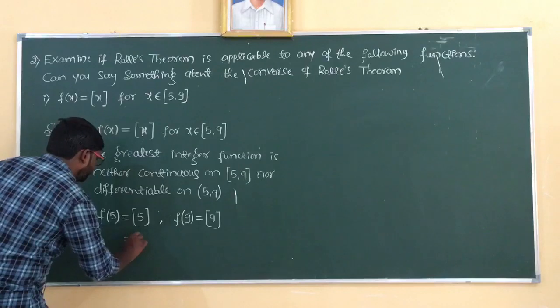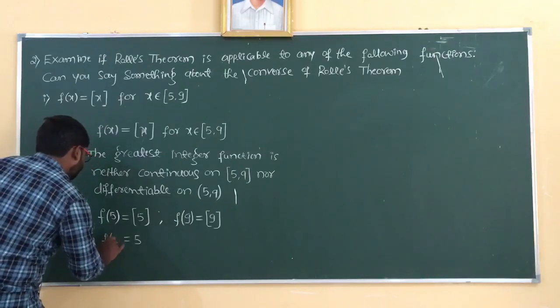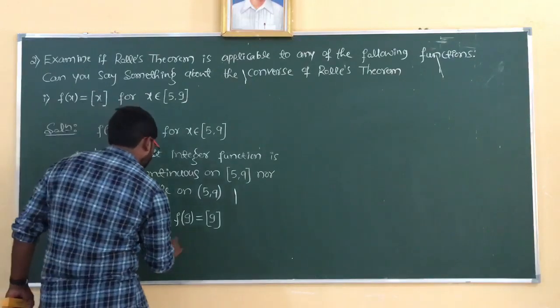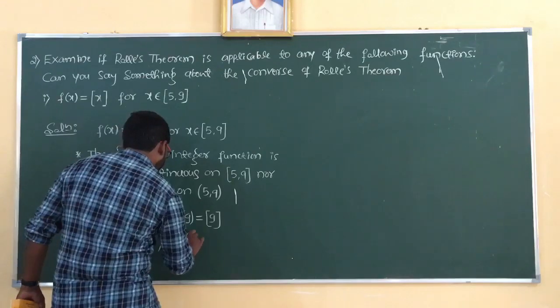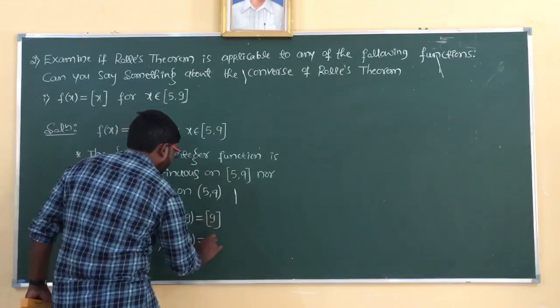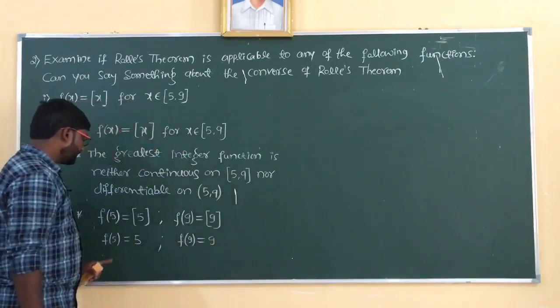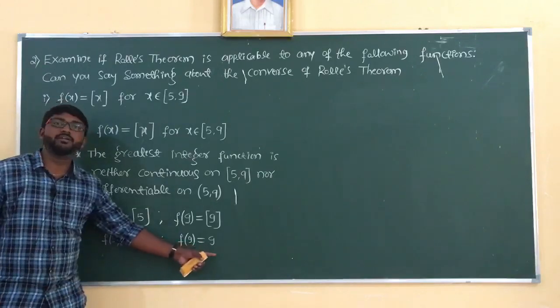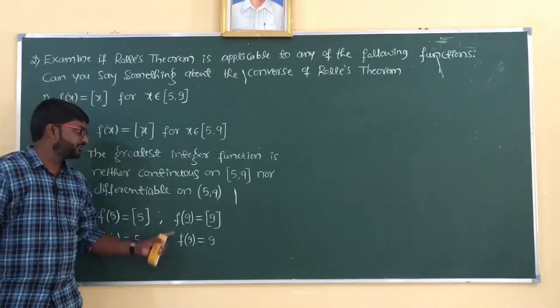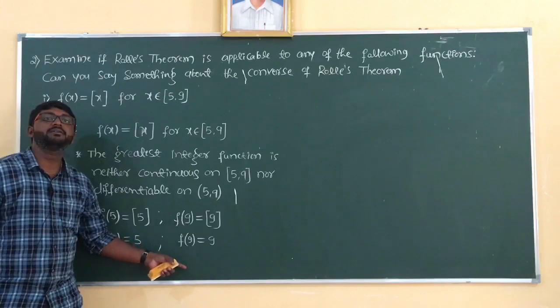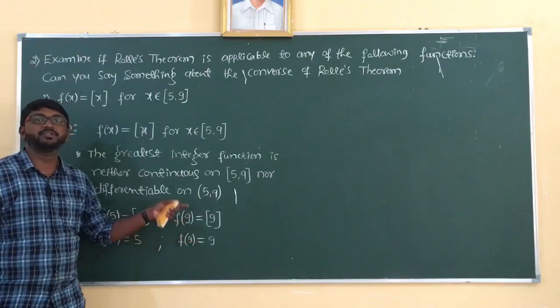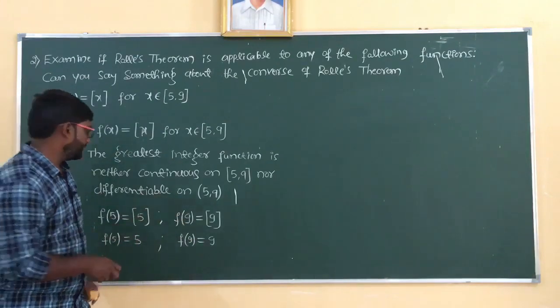It is 5. So f of 5 equals 5, and f of 9 equals greatest integer 9, which is 9. So f of a is not equal to f of b. So here the conditions are not satisfied, therefore Rolle's theorem is not applicable.